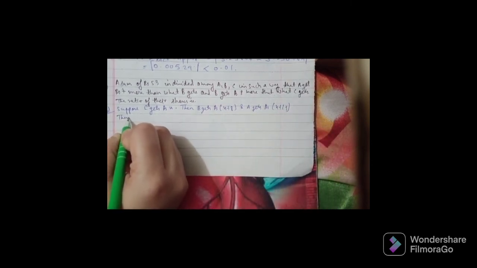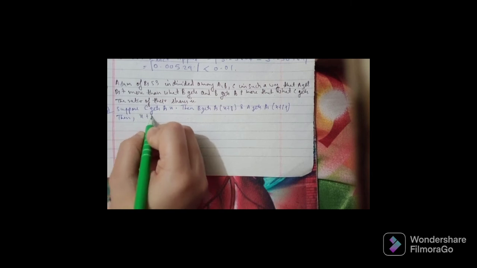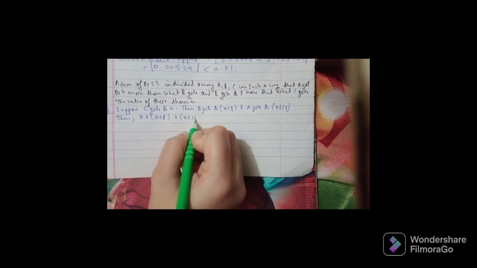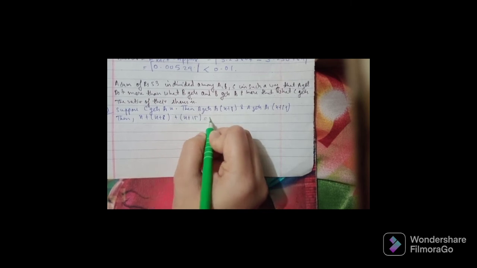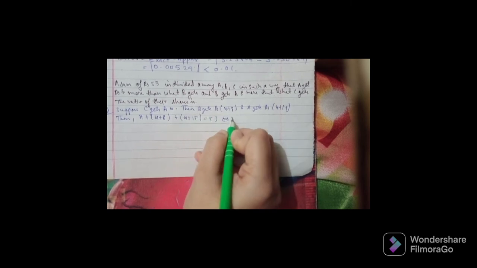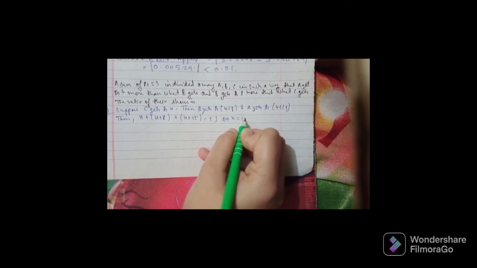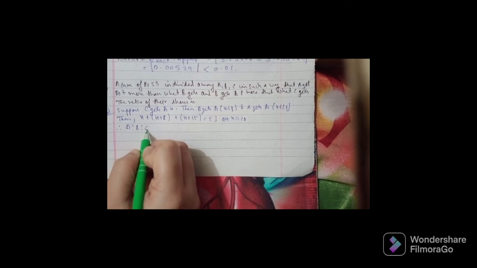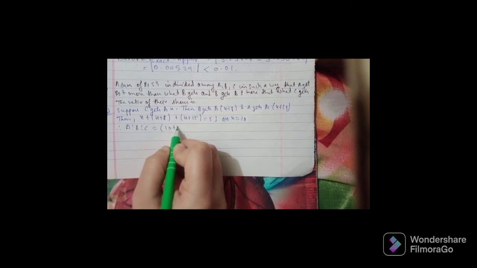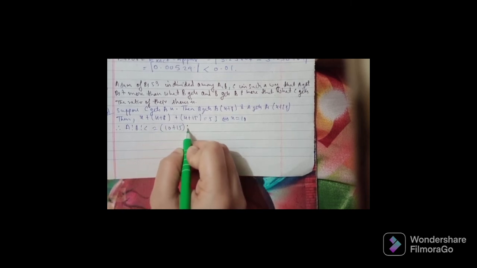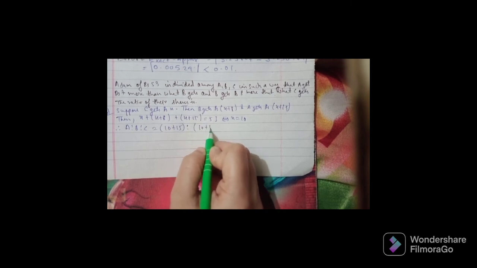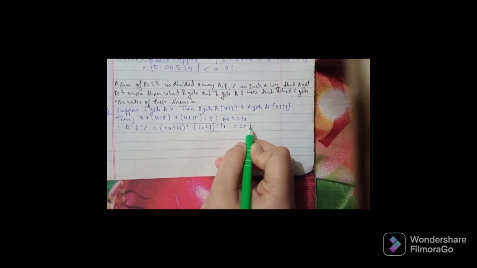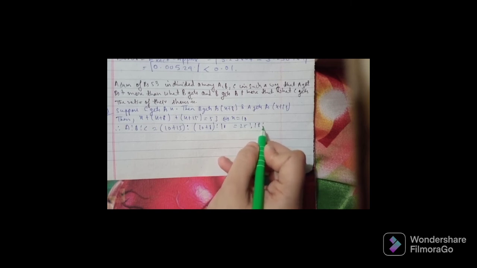Then X plus 8 plus X plus 15 plus X equals 53, so X equals 10. A:B:C is 10 plus 15 : 10 plus 8 : 10, which equals 25:18:10.